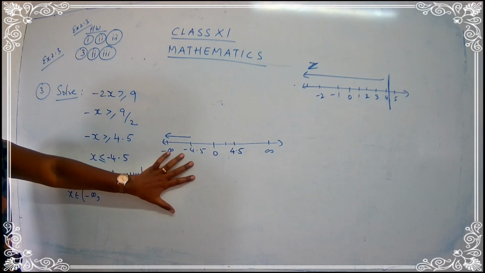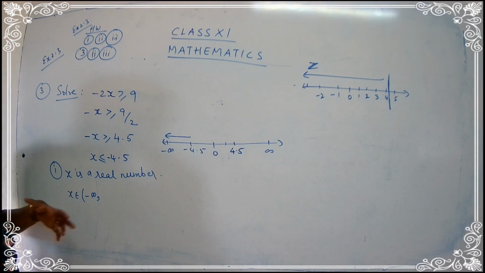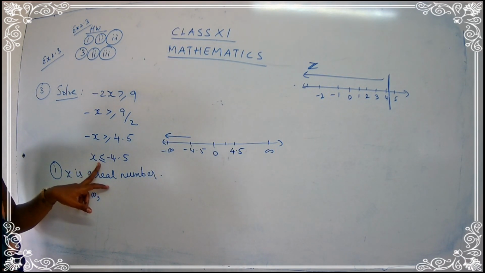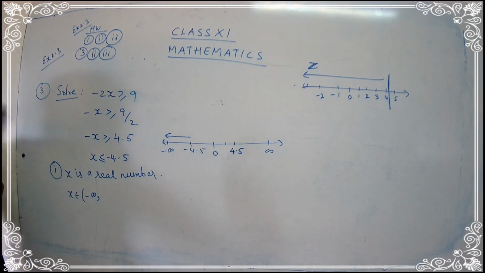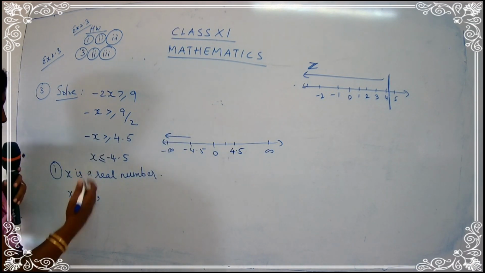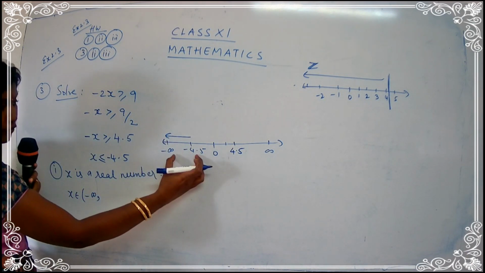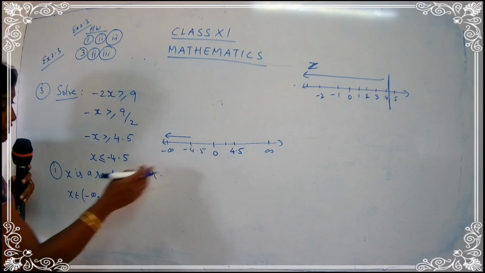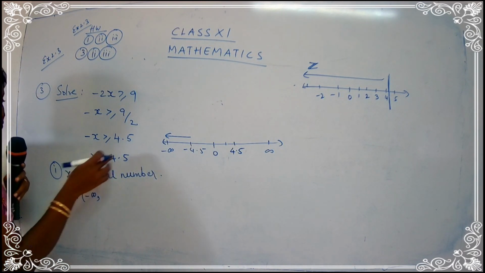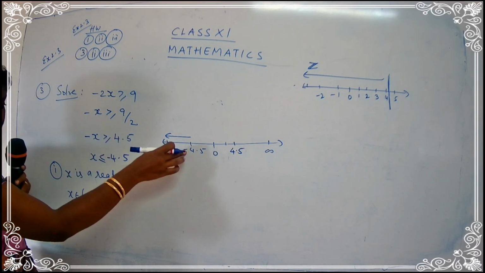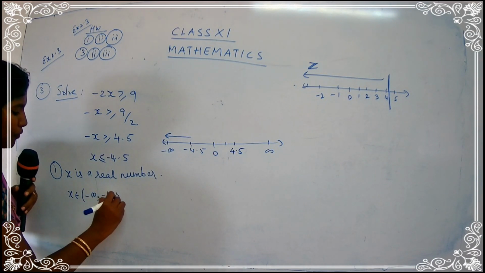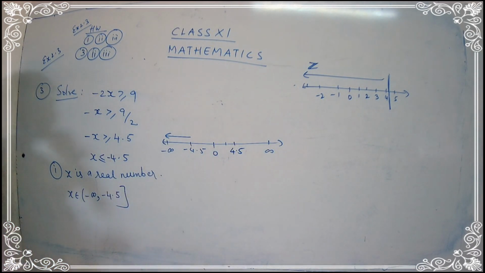So minus 4.5. Where is the real number going to lie? It's less than or equal to minus 4.5, which means you have to see the left side. So you get minus infinity to minus 4.5. Here less than or equal to is mentioned, so you have to consider this number, minus 4.5. Use a closed interval. So what is the value for x?